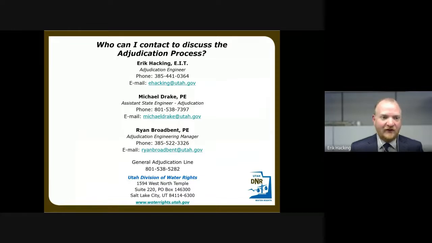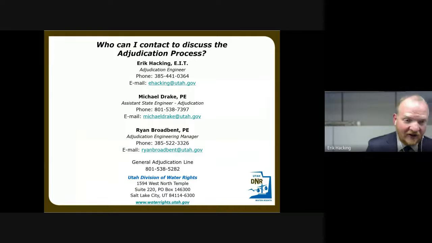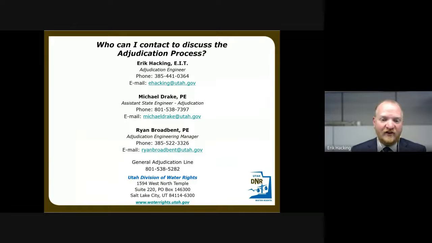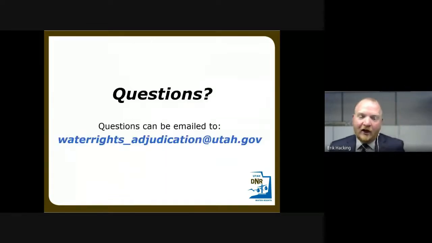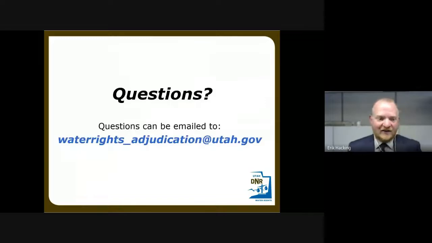And finally, there's Ryan Broadbent, the adjudication engineering manager over here in the adjudication section. As well as we also have a general adjudication line, and you're welcome to come into our physical offices. We have a great public inquiry team that would love to help you with any issues you have. All right, and questions. Let's open it up.